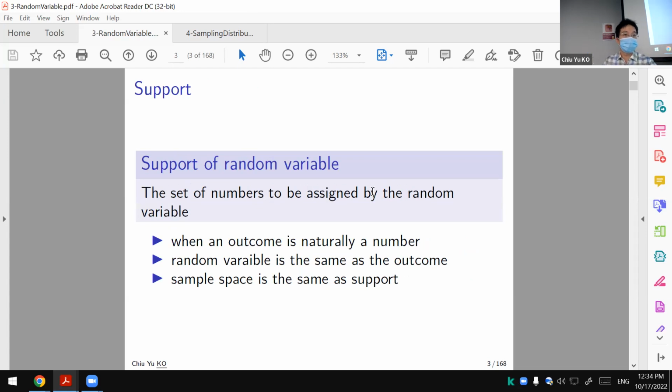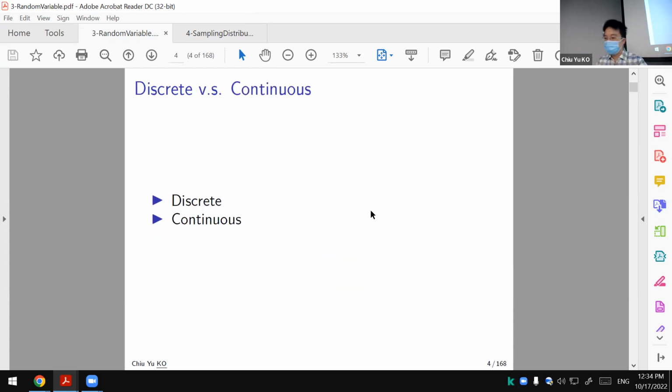Discrete usually has a finite number of outcomes, and usually we use the natural numbers. When you do counting, then it's very natural: you have a discrete random variable. Continuous is the case where you assign any real number. That happens usually when you talk about financial numbers, accounting numbers, stock market prices, quantities.